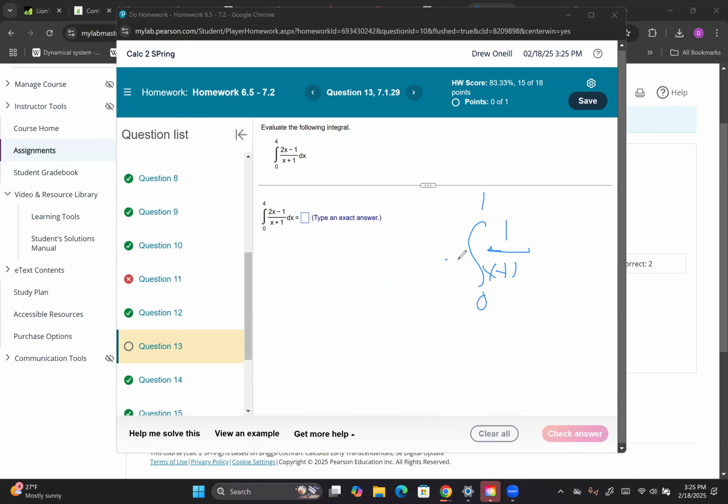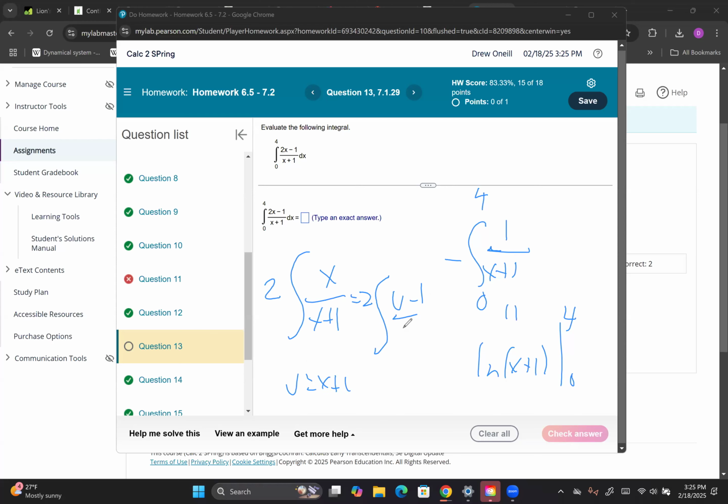So that's going to be ln of x plus 1 from 0 to 4. We're doubling this integral. So we can just think of this as 2 times the integral of x over x plus 1, which using a u substitution we said was 2 times the integral of u minus 1, where u is x plus 1, over u.